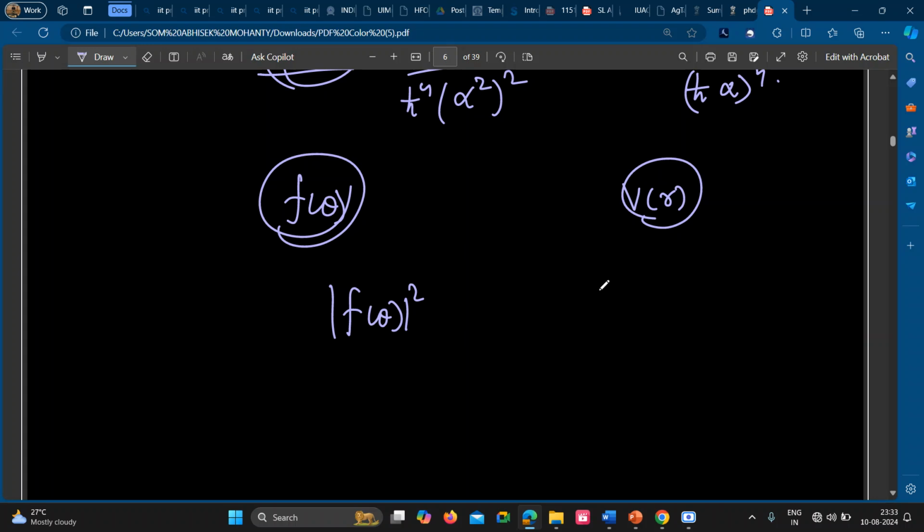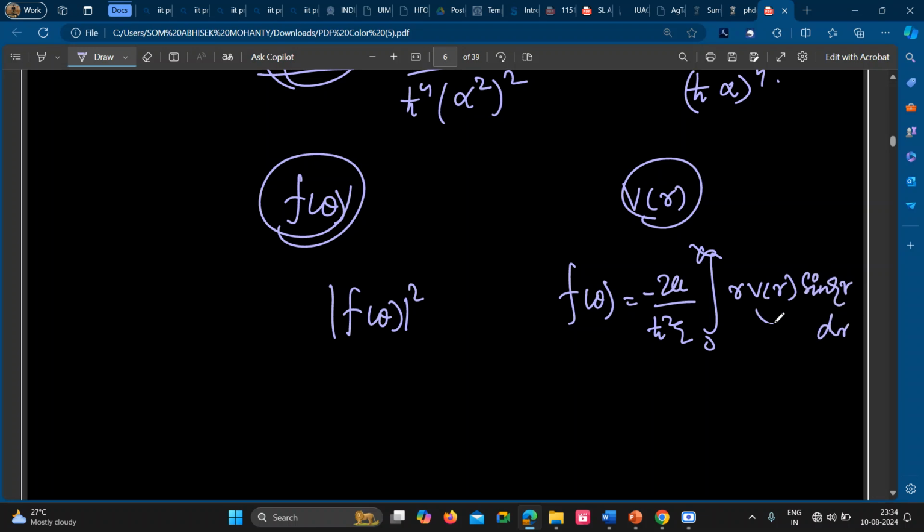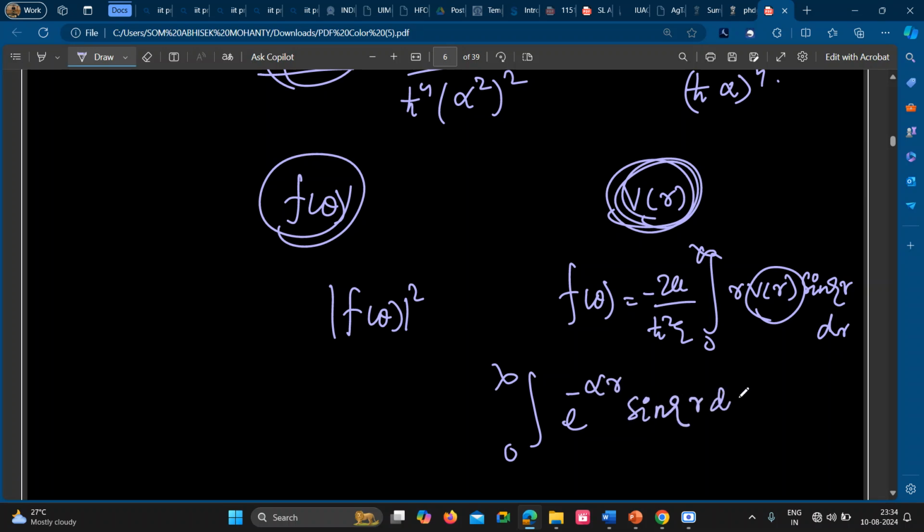We just have to put the value of V(r) in f theta, that is minus 2 mu by h cut square q, integral 0 to infinity r V(r) sine qr dr. Usually this V(r) is such that r will be cancelled out, and you will find an easy integration. Always remember that the integral 0 to infinity e to the minus alpha r sine qr dr is q by q square plus alpha square.